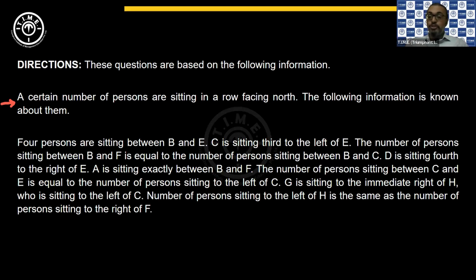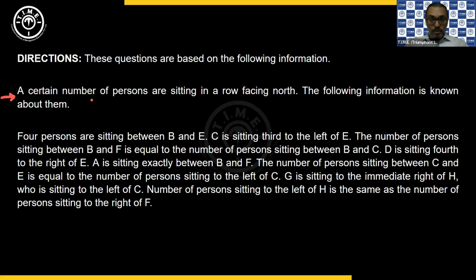There will be some positions that can be empty according to the given information. So you may not get all the information on all the positions. So that is one thing we have to keep in mind.